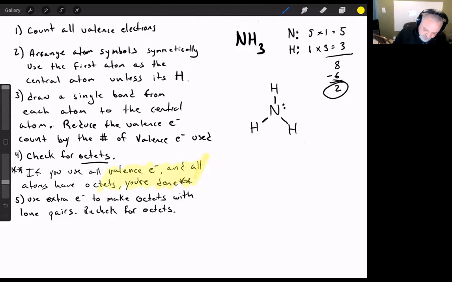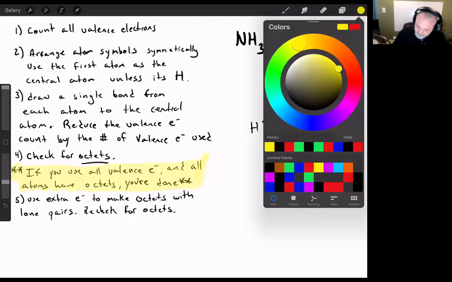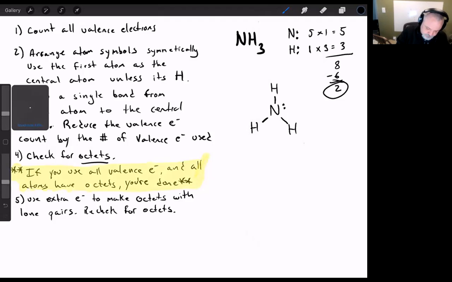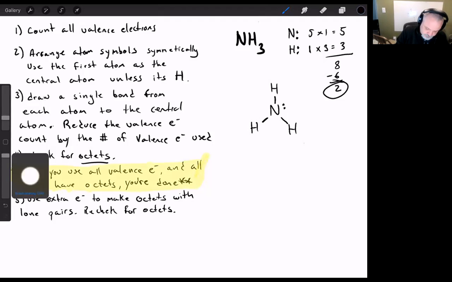The reason this didn't get a number is because it's a static rule. If I use all my valence electrons and all atoms have an octet, then I'm done. So now everything has an octet.